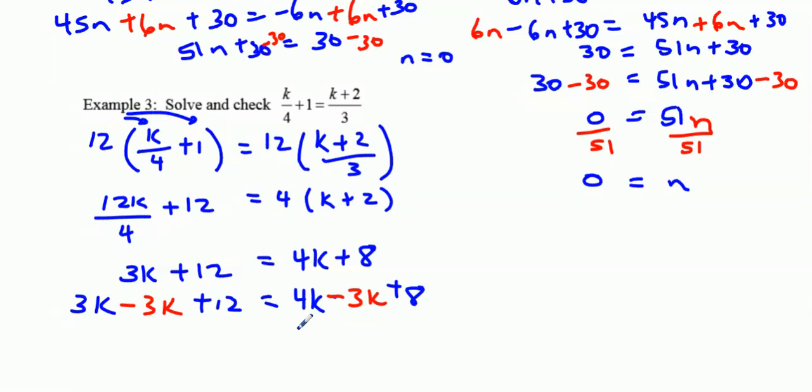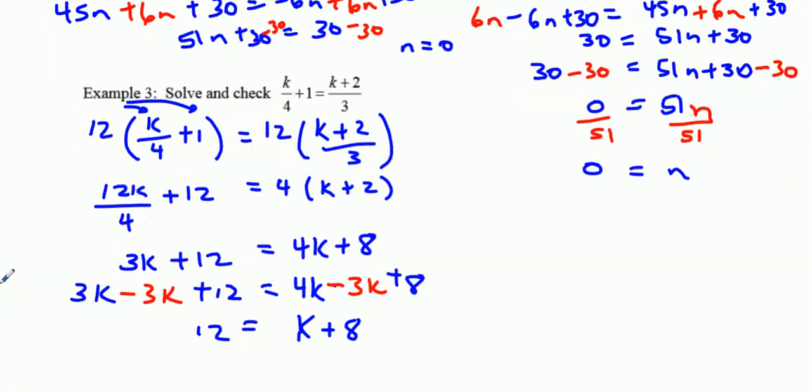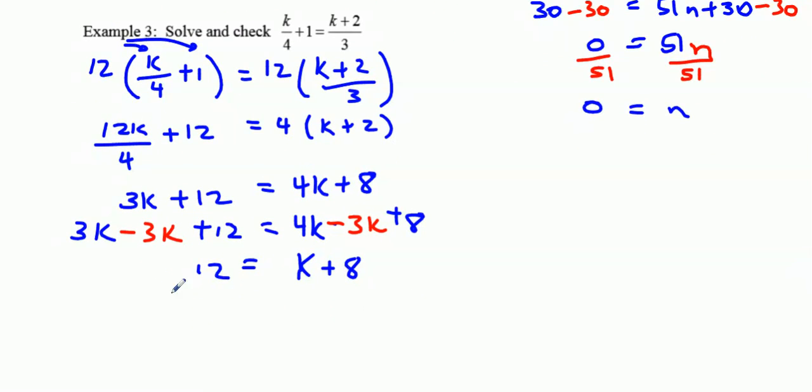So I got k plus 8 equals 12. And all I need to do is subtract off the 8 then from both sides. And I'm finished. k plus 8 minus 8 and 12 minus 8. Okay, so I'm subtracting the 8 off and I get k equals 4.